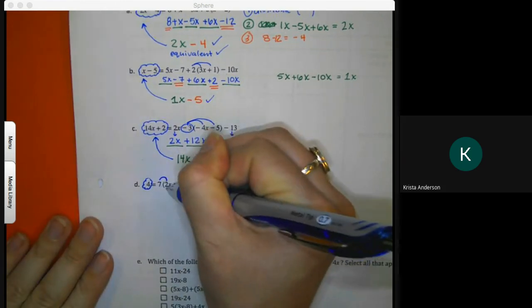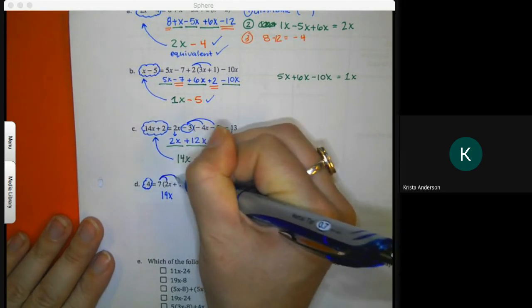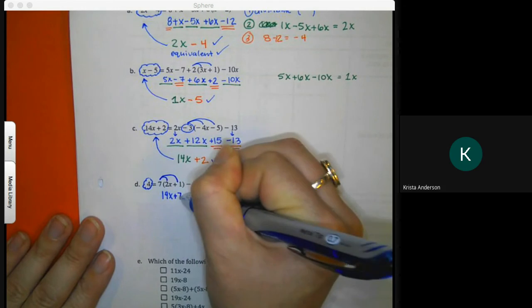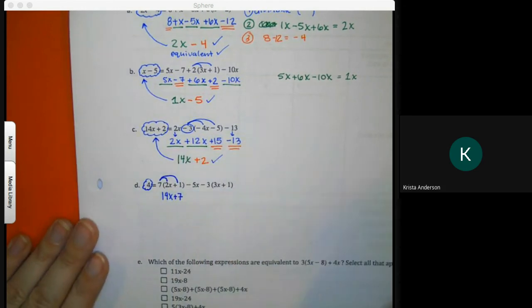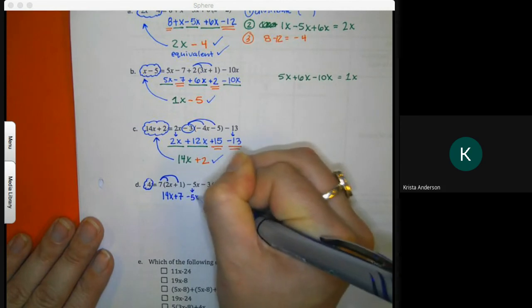7 times 2 is 14x. 7 times 1 is 7. -5x just drops down. It's not being applied anywhere.